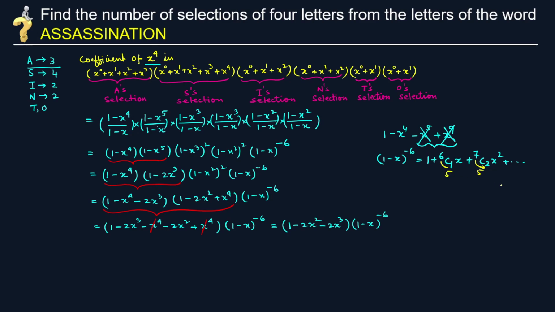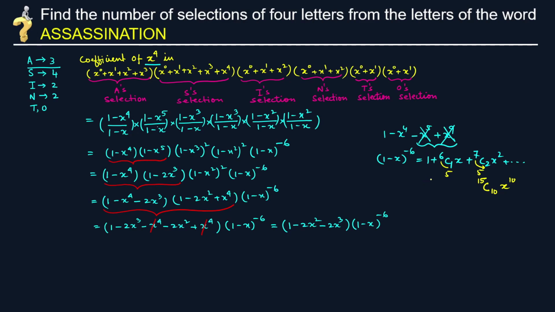So if I ask you what is the coefficient of x to the power 10, you will say, sir, it will be c10, but since the difference is 5, this thing will be 15c10. Okay, that way we find the coefficient of x to any exponent in this kind of expansion.